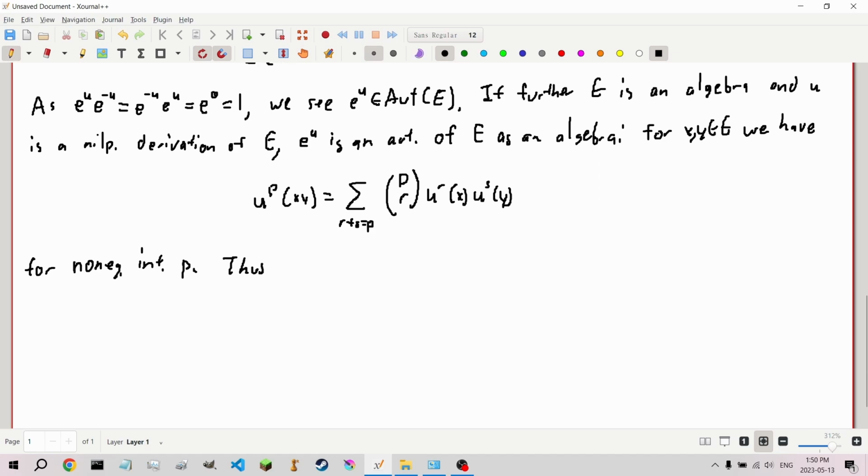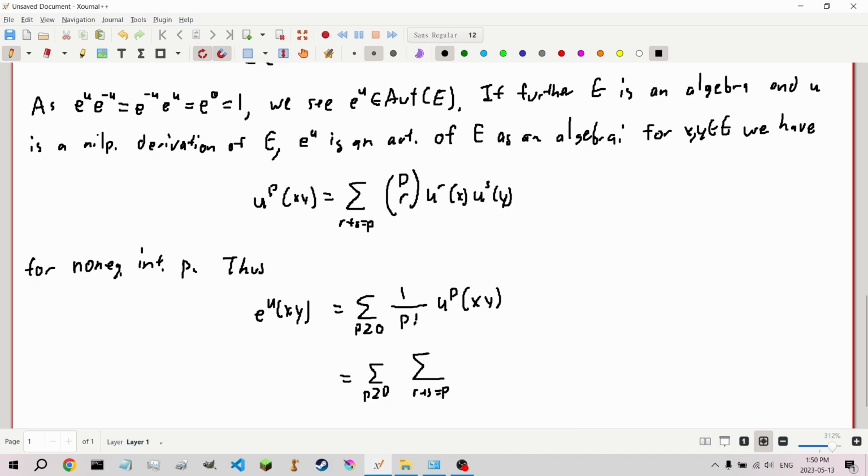Thus we have that e to the u of x times y is equal to the sum over non-negative integer p, 1 over p factorial times u to the p of x times y, which is equal to the sum of p greater than or equal to 0, the sum of r plus s equals p.